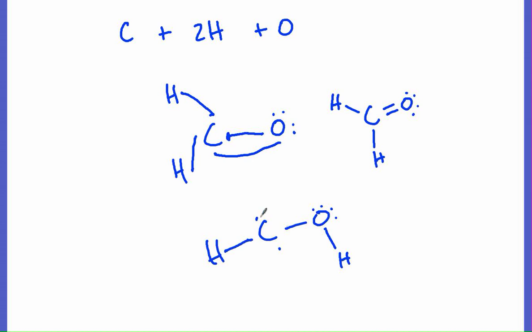So the carbon can't bond with itself. That's never going to work. So just make sure, again, you put the thing with the most bonds in the middle and work your way out. So this work up here got me the answer that I wanted, but if I tried to put the oxygen in the middle, it's not going to work. So just trial and error, get it figured out.